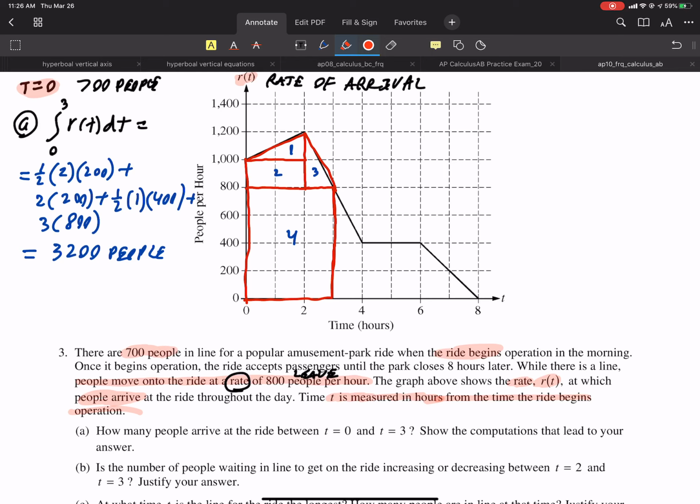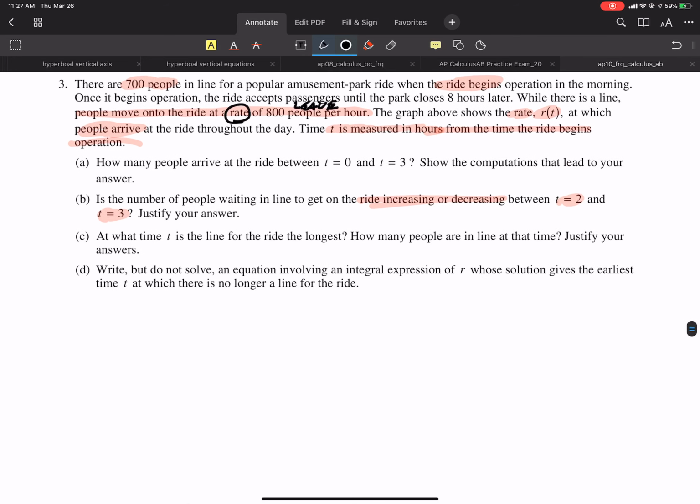Is the number of people on the ride increasing or decreasing between 2 and 3? So increasing, decreasing, you should immediately think of the justification for increasing, decreasing. That is when the derivative is positive, then it's increasing. Derivative negative, then it's decreasing.